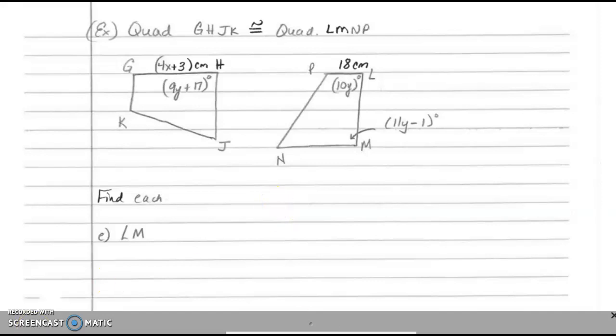Okay, hold on. Let me figure this out. I see it. Tell me, which segment on the figure on the left matches up with segment LM for the figure on the right?